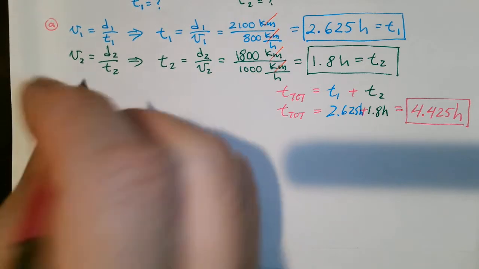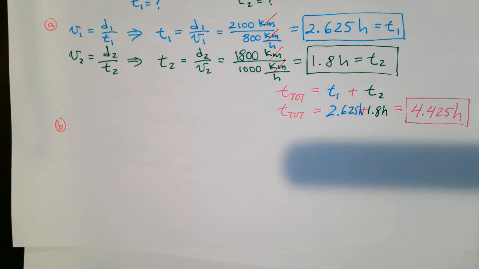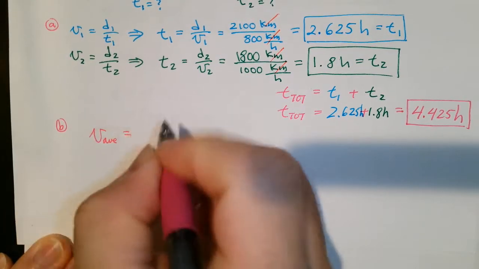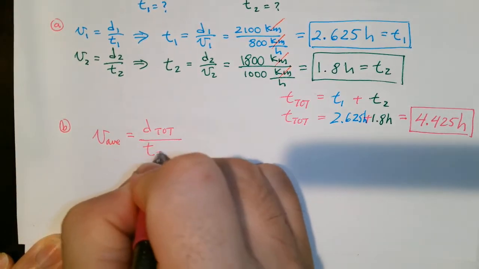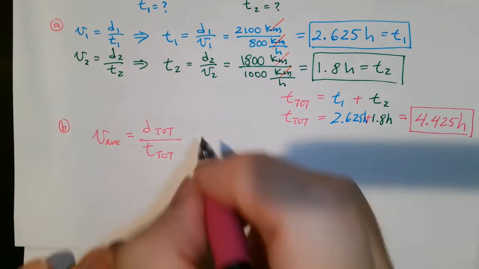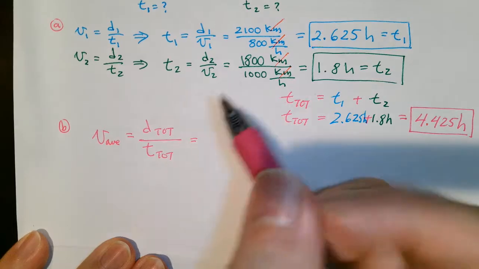For part B, they want us to find the average speed. Well, average speed for the whole trip is D total divided by T total. It's that simple. So total distance traveled is this plus that, which is 3,900 kilometers.